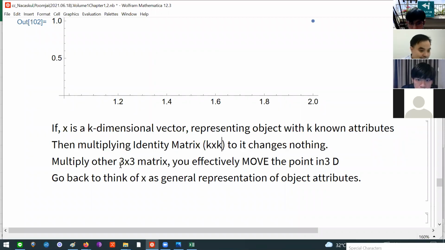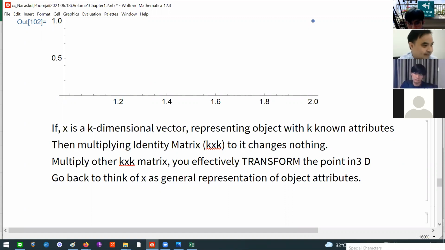But if you multiply by another k by k matrix, you effectively transform. They don't use the word move, they use the word transform, right? So in physical coordinates, you move from one point to the other. In attributes, you transform. Let me give you an example.